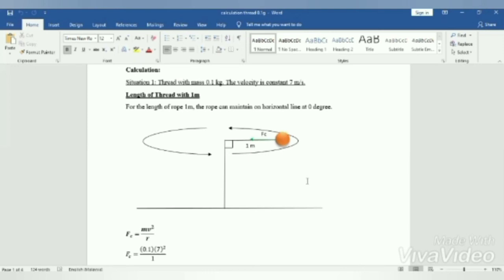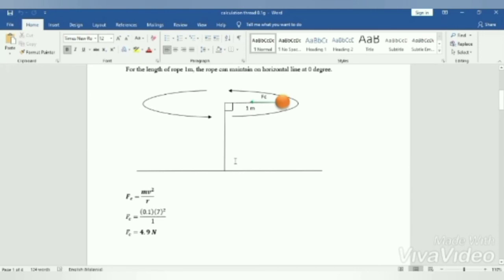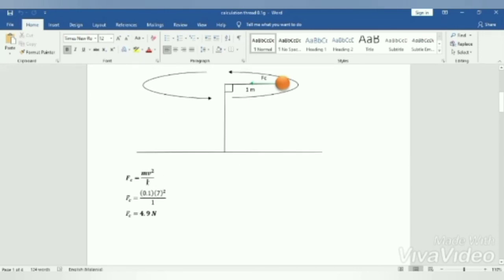If you can see in this diagram, the string is rotating horizontally, which is 90 degrees, so the force is perpendicular to the body. For this part we just need to use the centripetal formula and we will get the answer.